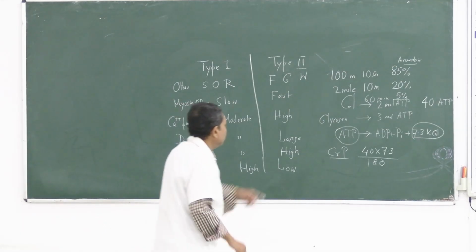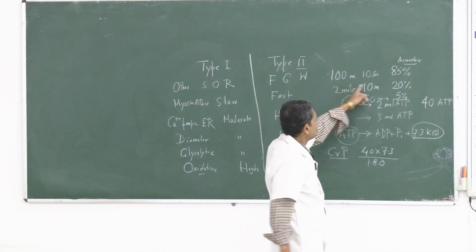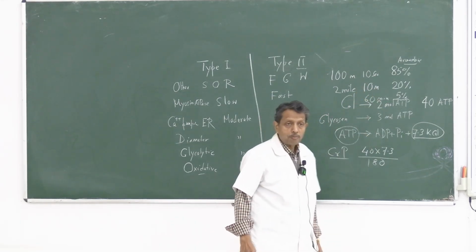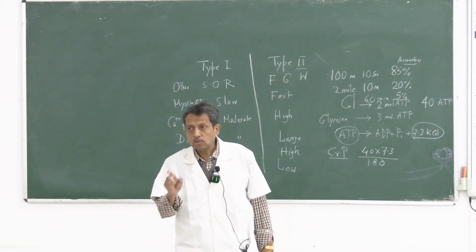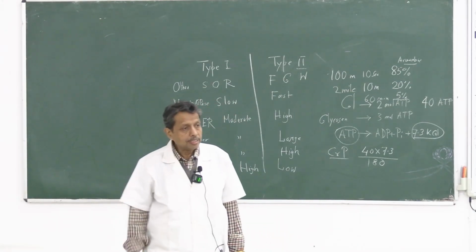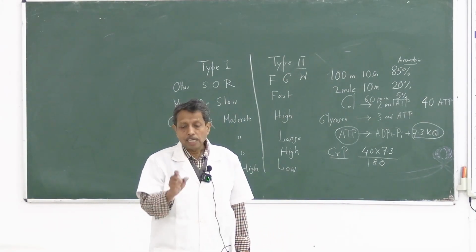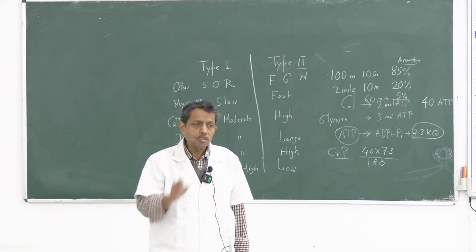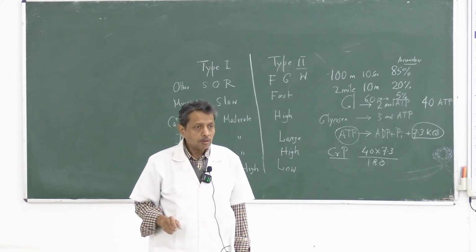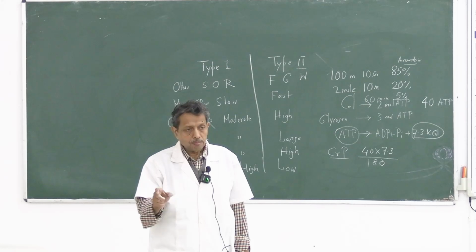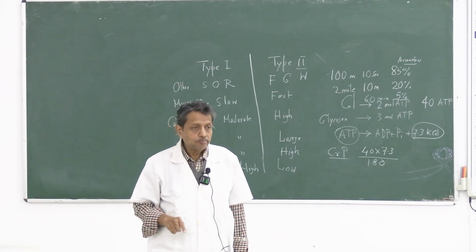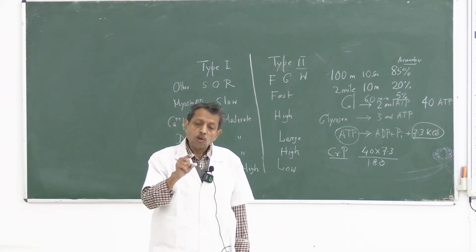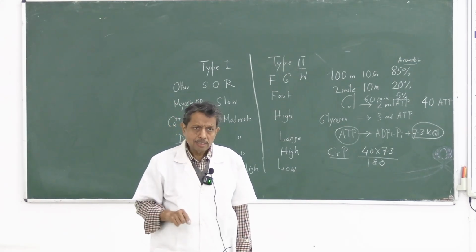Suppose after a 100 meter run, the individual's oxygen consumption is measured, it is much more than that in the resting condition. After some time, half an hour or 1 hour or so, it will gradually return to the baseline level. So more oxygen is required after the exercise.